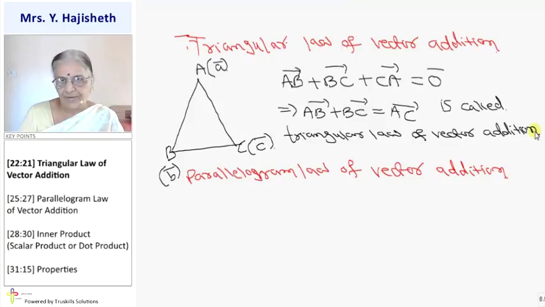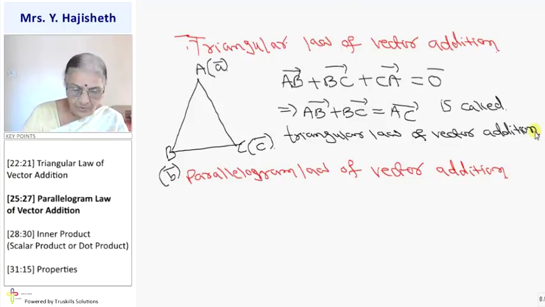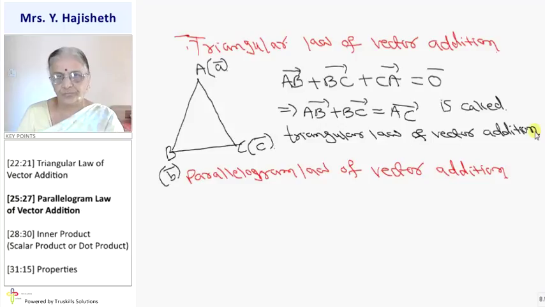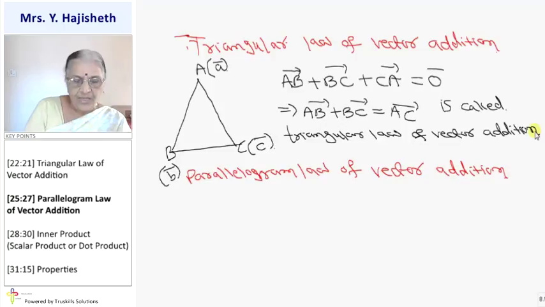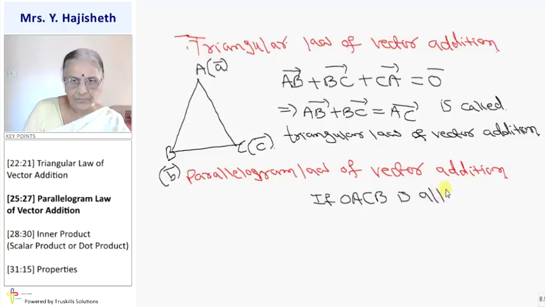Okay? Third side. Okay? Now the parallelogram law says, if OACB is a parallelogram, then OA plus OB, these are the two adjacent sides of a parallelogram.